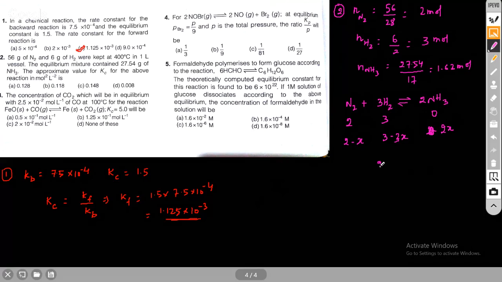So the value of 2X is nothing but 1.62 because this is what we are getting, NH3. So X is 0.81, right? So the equilibrium concentration of N2 will be 2 minus X, 2 minus 0.81, which is 1.19. Equilibrium concentration of H2 is 3 minus 3 into 0.81.